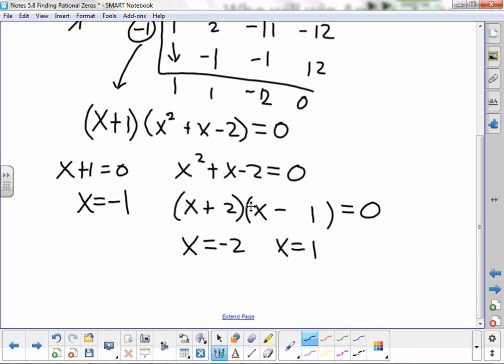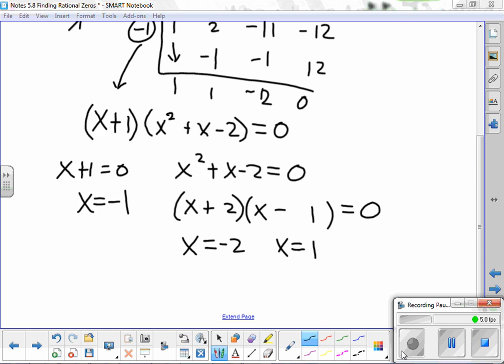Let me check something. Aha! That's not a 2, that's a 12. Silly Mr. Aguirre. That's a 12. That means this is a 4 and a negative 3. Yeah, that makes more sense. And this is a negative 4, positive 3. And there you go.